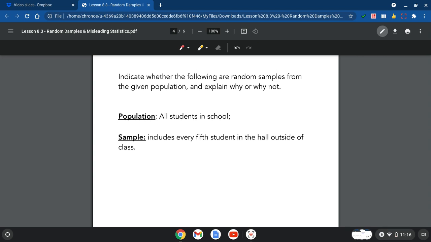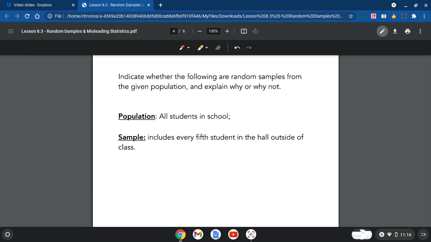So let's try to figure out whether the following are random samples from the given population, and let's explain why or why not. If the population were all students in school, can we use a sample that includes every fifth student in the hall outside of class?